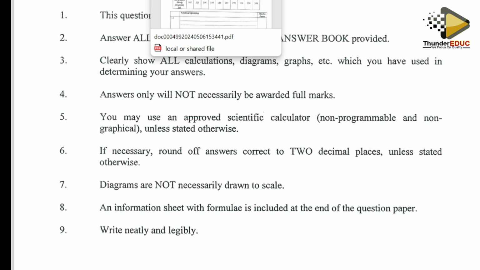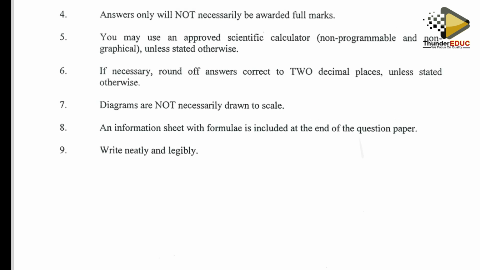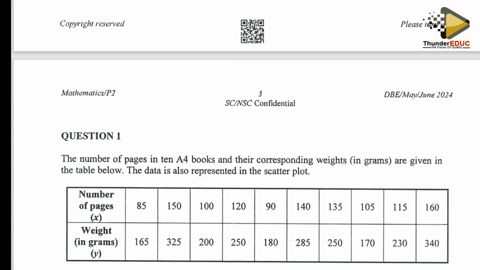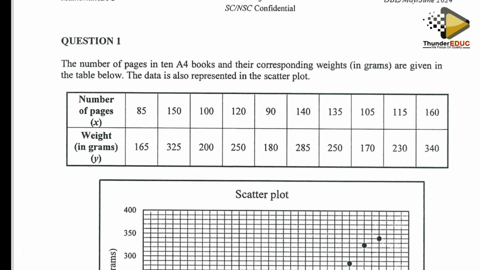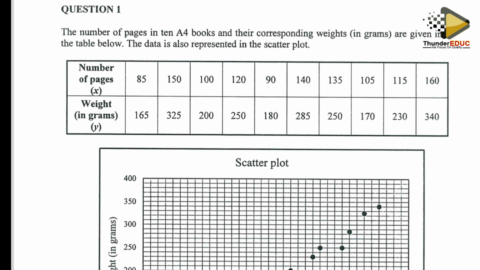Okay, then below that, we can see Question 1 is about the bivariate type of data. The question tells us that the number of pages, not the number of pages, the number of 10 A4 books and their corresponding weights in grams are given in the table below.